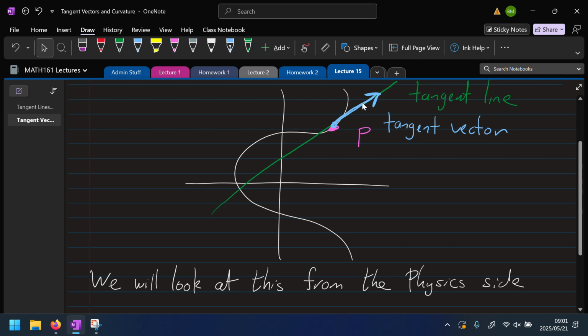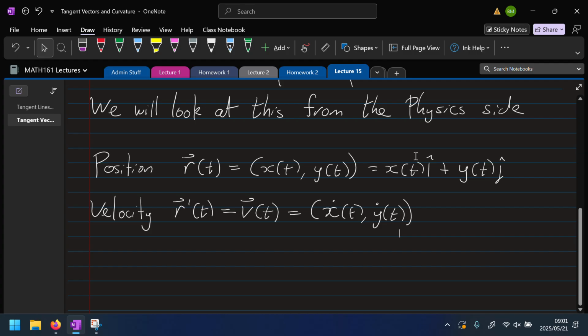So this blue vector over here at the point P, that is the velocity vector of the particle at P. Again, you could have written this as x dot of t i hat plus y dot of t j hat. And if you were working in 3D, you would have i hat, j hat, k hat. You know all of that.